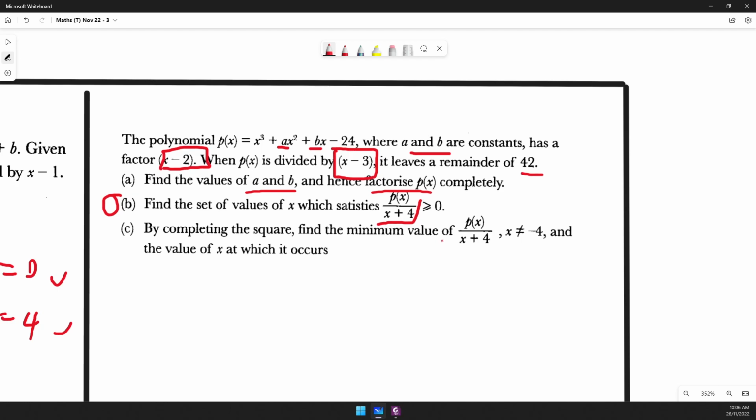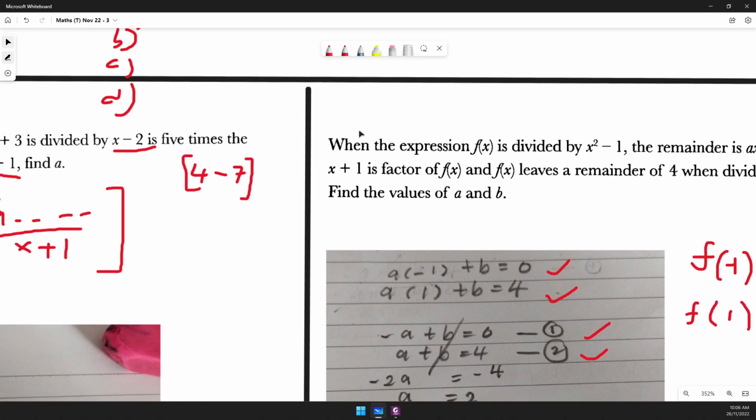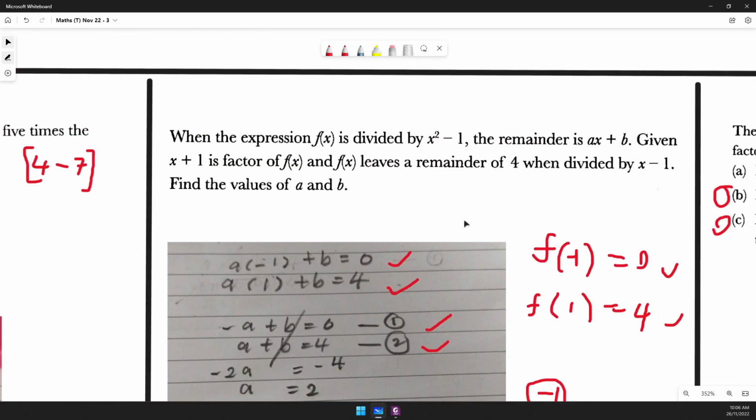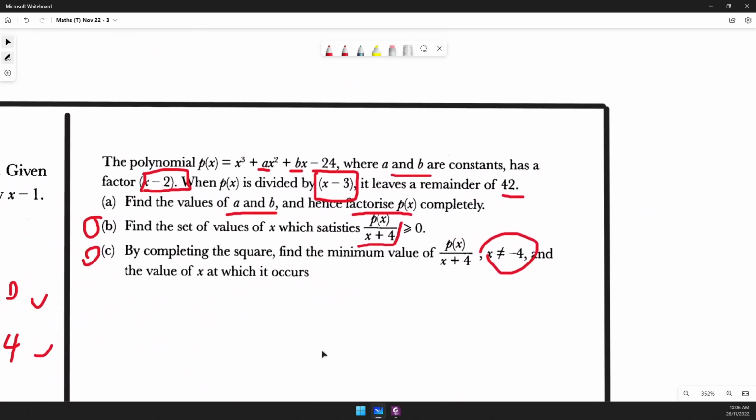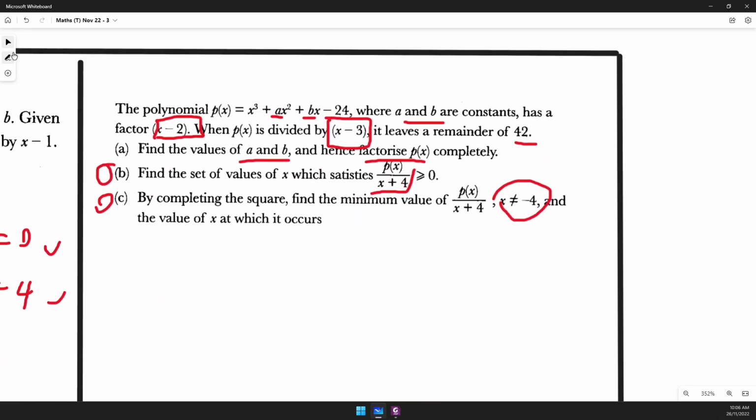Complete the square, find the minimum value. So I think part A already no problem. We've been doing that question, same thing again and again. Maybe you can try this out. I think the first part with the long division will take around 3 minutes.